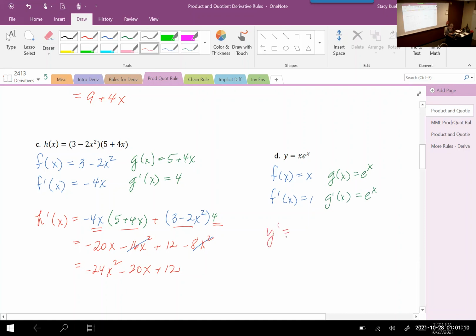So the derivative of y becomes f prime times g plus f times g prime, e to the x. So in other words, we would have e to the x plus x e to the x. You could also write that e to the x times 1 plus x.